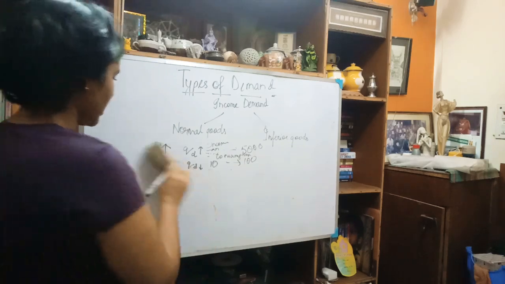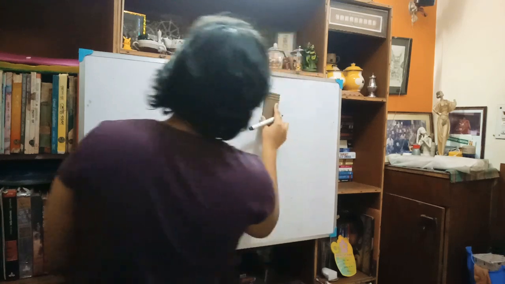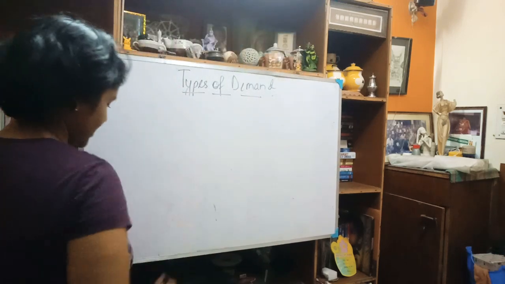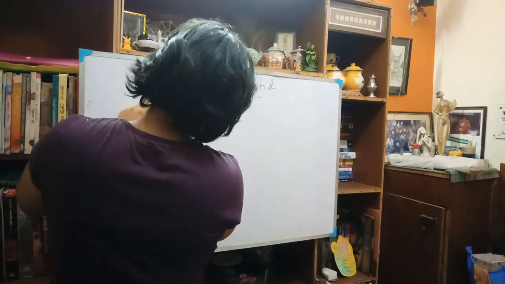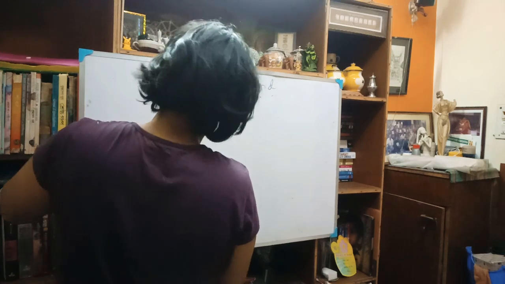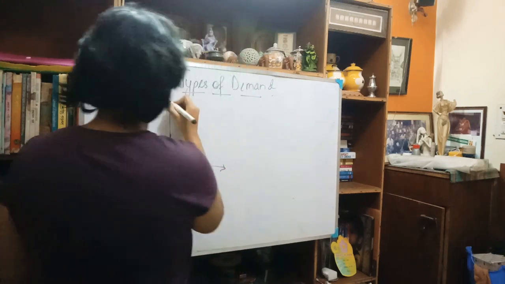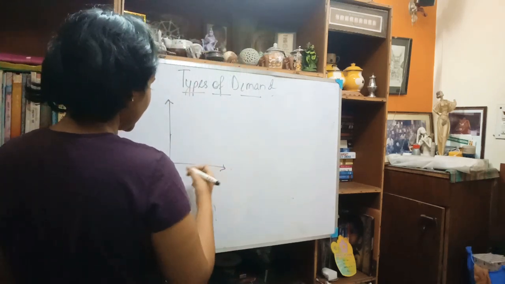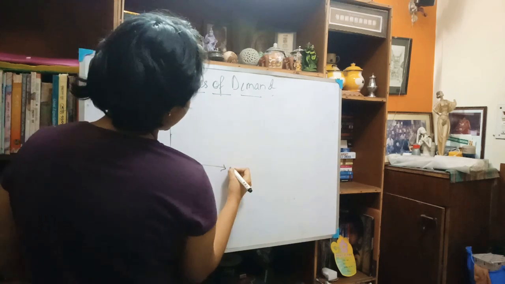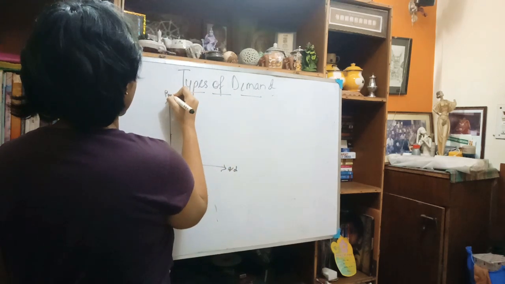So in this, we need to know the graph. What is the graph in this case? The graph in this case looks somewhat like this. In the x-axis, we will be taking QD, that is quantity demanded, and price in the y-axis.